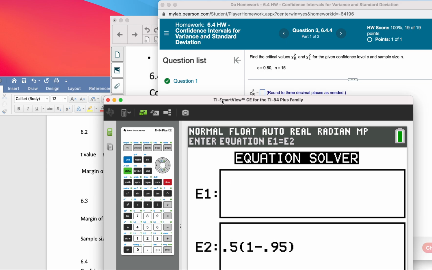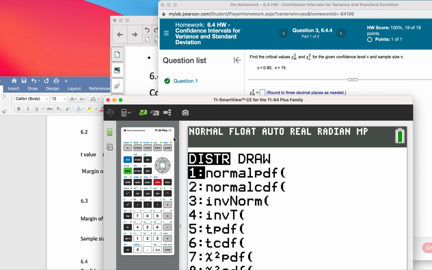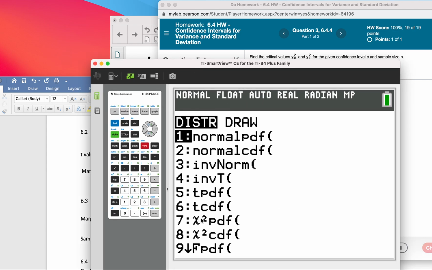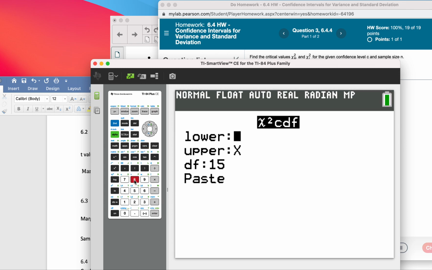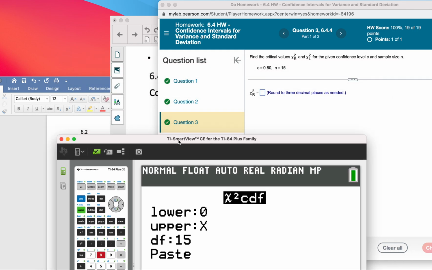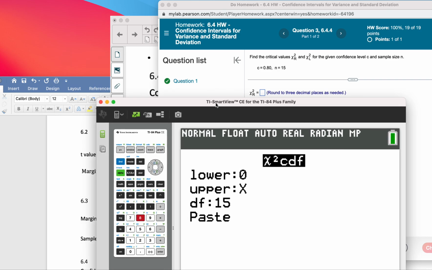So this is chi-squared. To find the chi-squared, we're going to go into second, distribute, and it's chi-squared CDF, so number 8. I already got some values entered here. Looks like they're close to right.